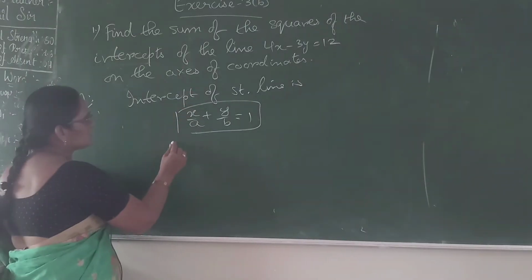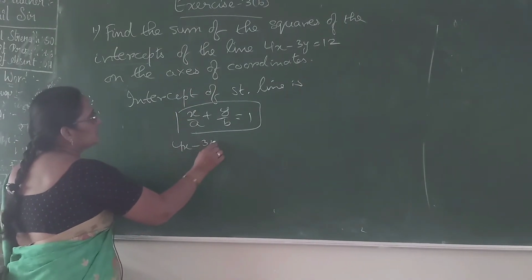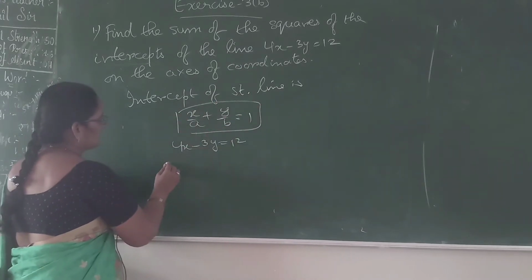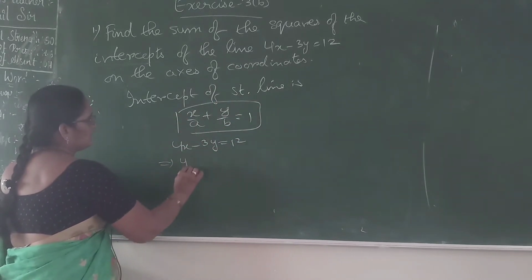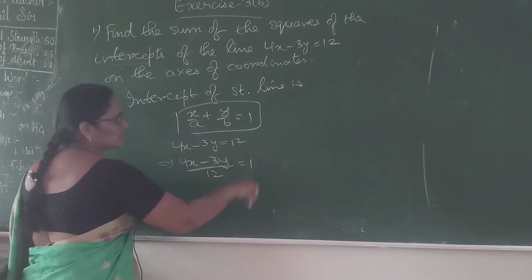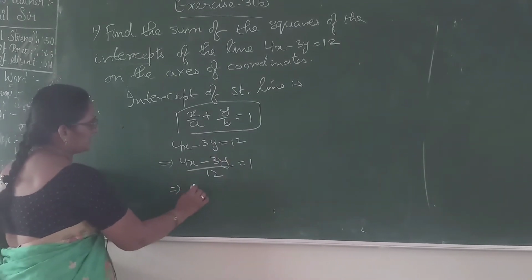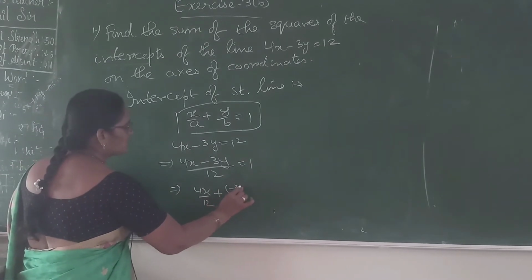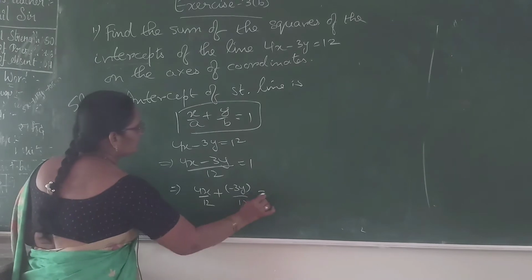Here it is said intercepts, so we will get intercept form. But the equation is not in that form. 4x minus 3y equal to 12. Bring this to this particular form. How? Bring this 12 here. 4x minus 3y by 12 equal to 1. Now separate it. 4x by 12 plus minus 3y by 12 equal to 1.